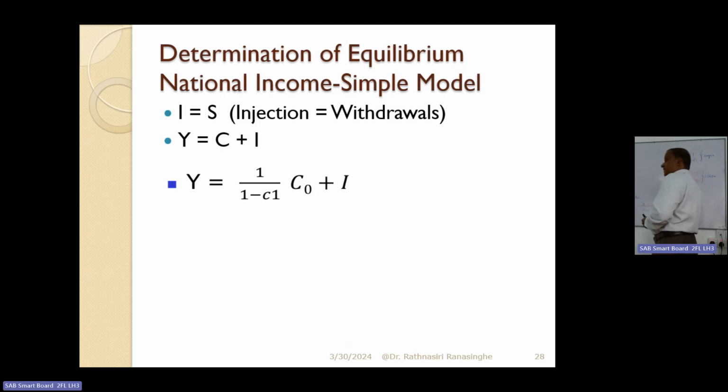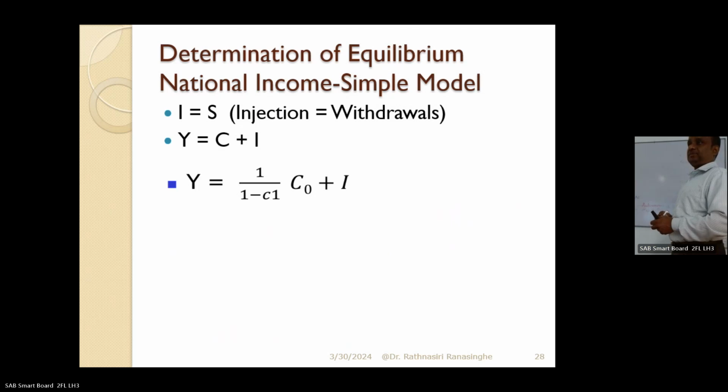So what does it depend on? Here we have 1 over 1 minus C1. So it mainly depends on the marginal propensity to consume. 1 minus C1 means MPS. You can write this as K equals 1 over 1 minus MPC, or 1 over MPS.